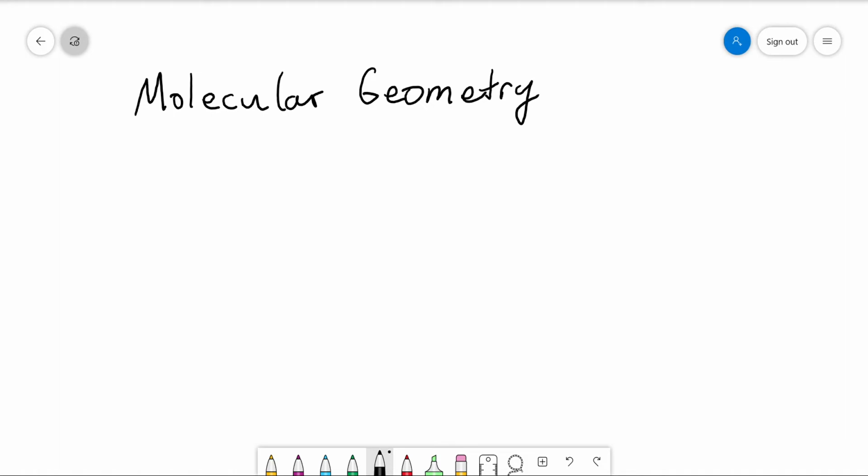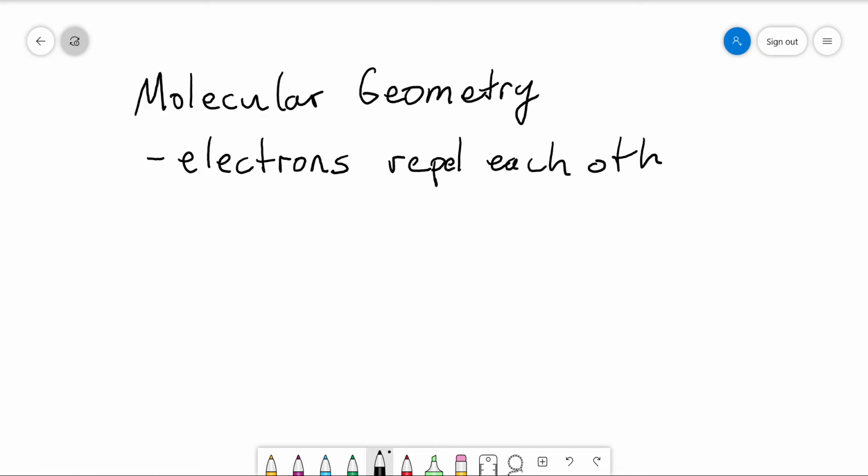The first thing we need to remember is that electrons repel each other. And because of that, we get some basic principles in what we call the valence shell electron pair repulsion theory.